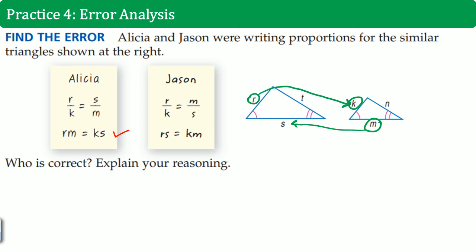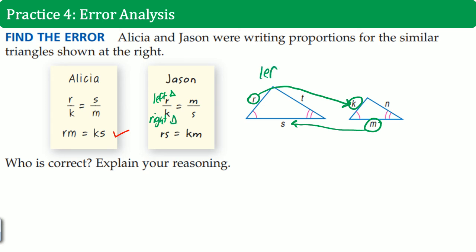So do you see how when Jason set this up, he didn't compare it, because the way he did it here is he went left triangle divided by the right triangle. That's how he did it up, right?